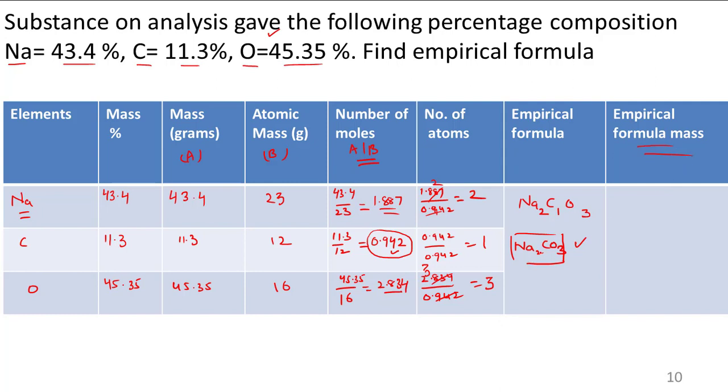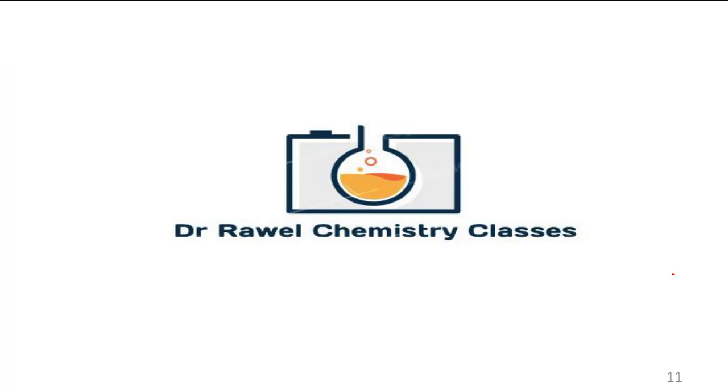Sodium is 23, so 2 into 23 plus 12 plus 3 into 16, so it is 46 plus 12 plus 48. 12 plus 48 is 60, 60 plus 46 is 106. So its empirical formula mass is 106 gram. So that was all for today.